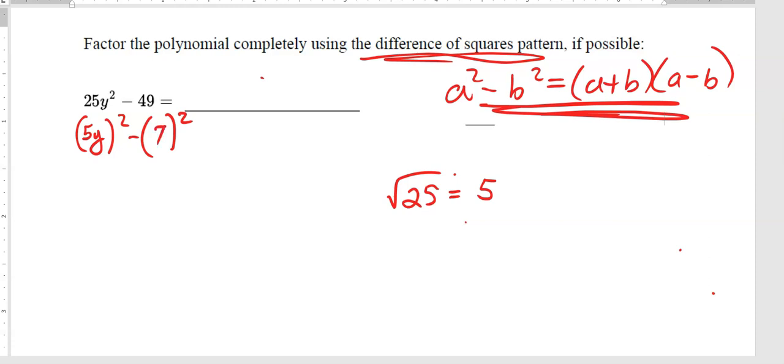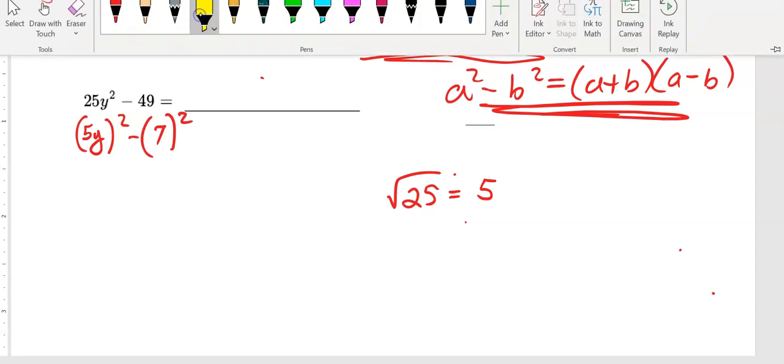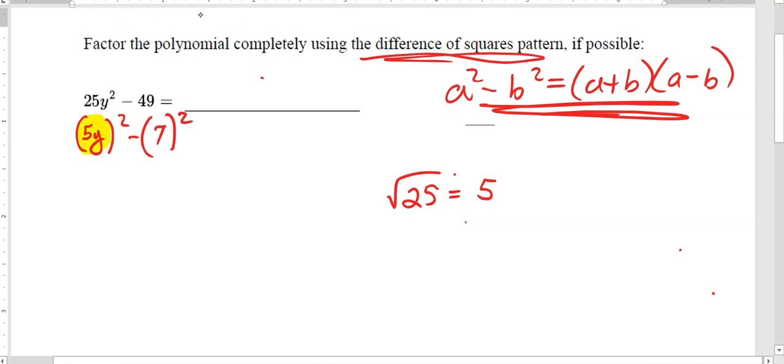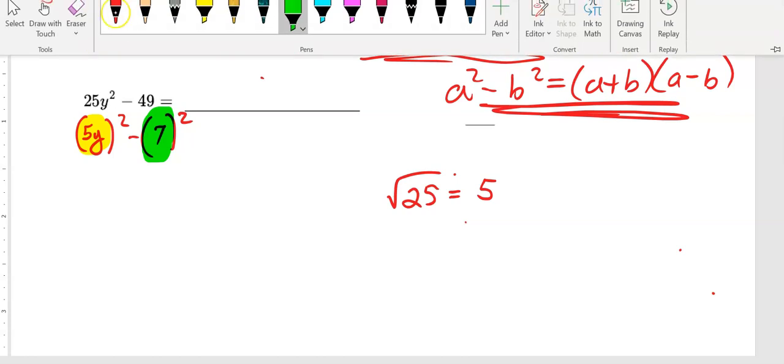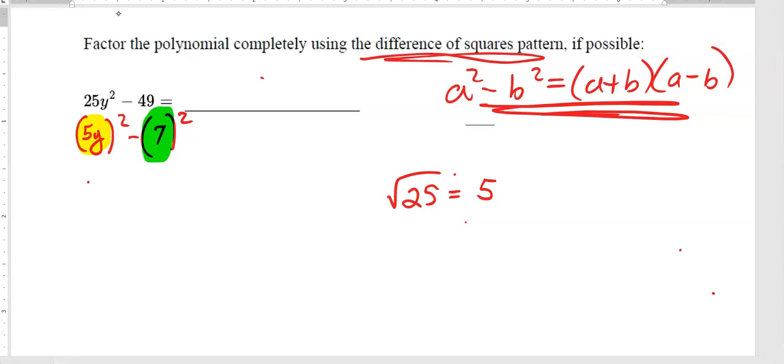Okay? And then the square root of 49 is 7. So we know that a is this base and b is this base. So I'm going to say 5y plus 7 and 5y minus 7.